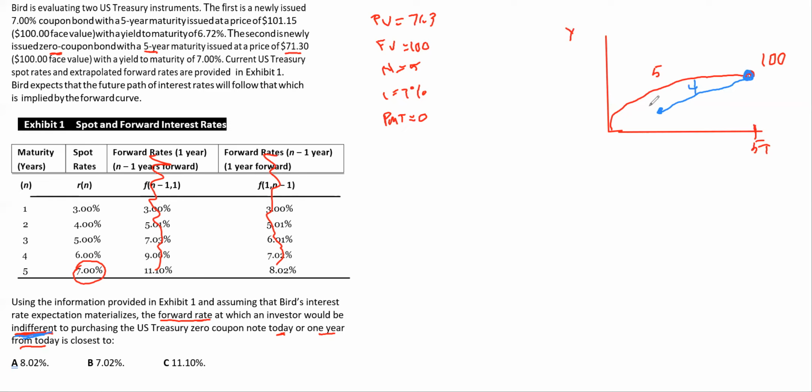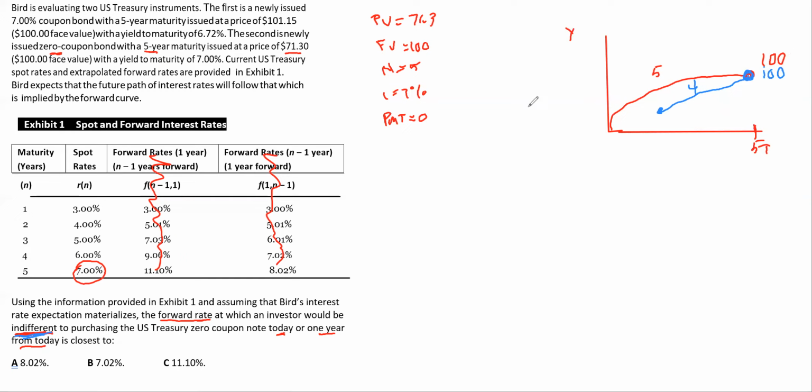So the question is, what rate of return am I going to earn to come up with that same 100 ending wealth? That's what you're after.